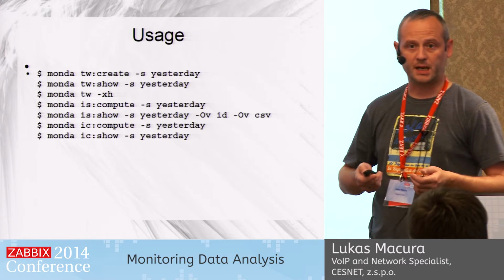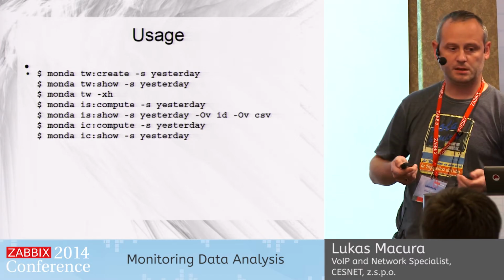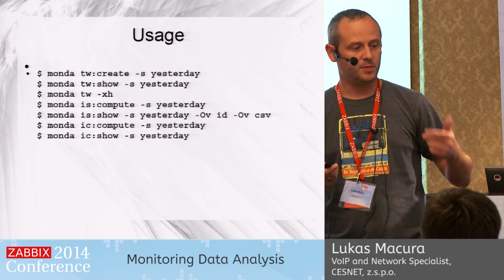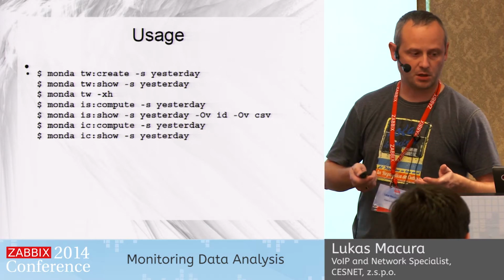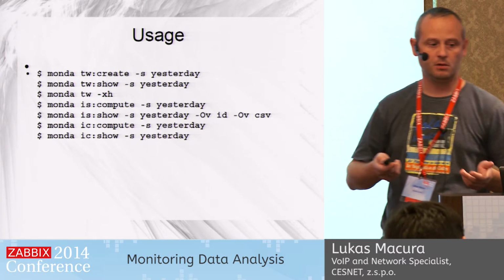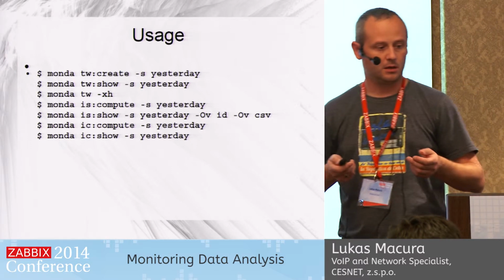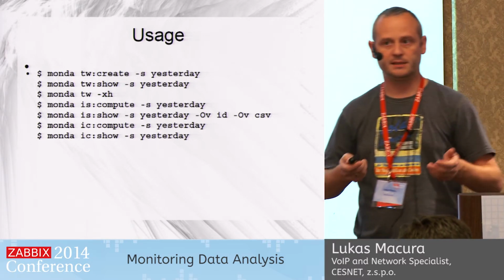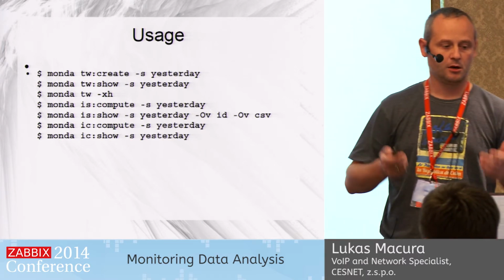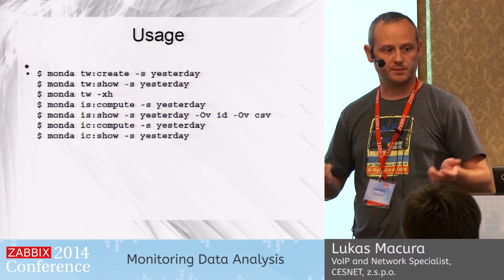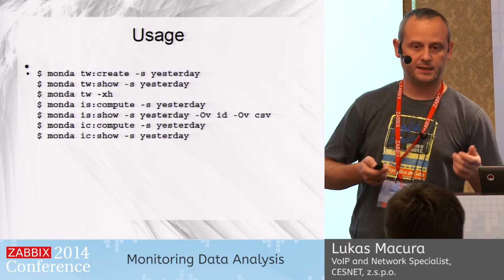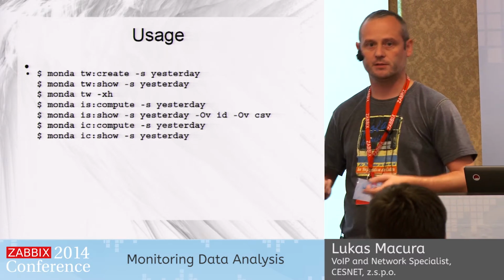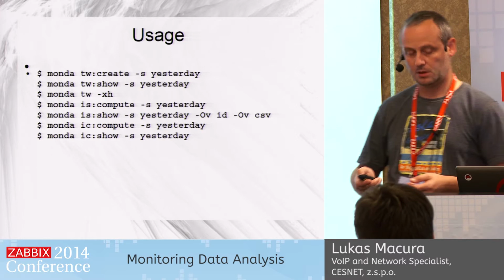It's a simple case. So TW means time window. We can create time window, show time window, show some help. IS means item stat. We can compute item stat, show item stat, or IC means item correlations. We can compute or show.